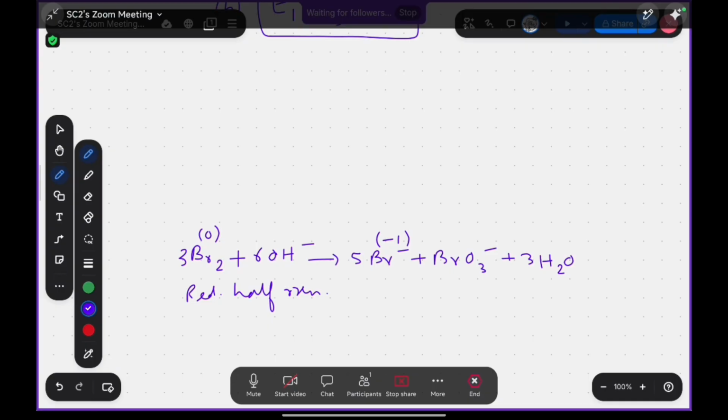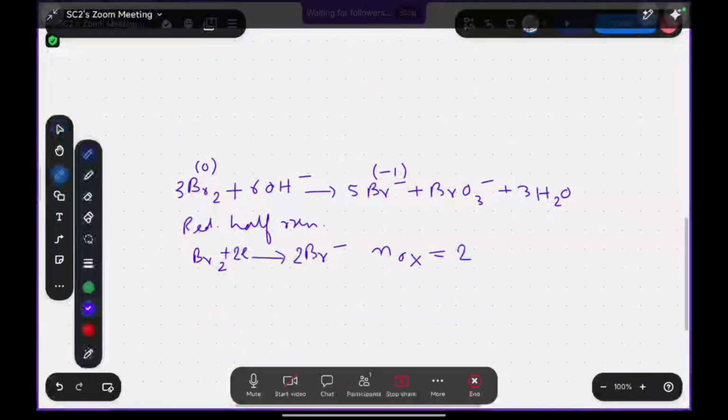Now Br2 to Br minus: this involves 2 electrons to 2Br minus. Br2 plus 2 electrons gives 2Br minus. That means the N factor for reduction is 2, as 2 electrons are exchanged.